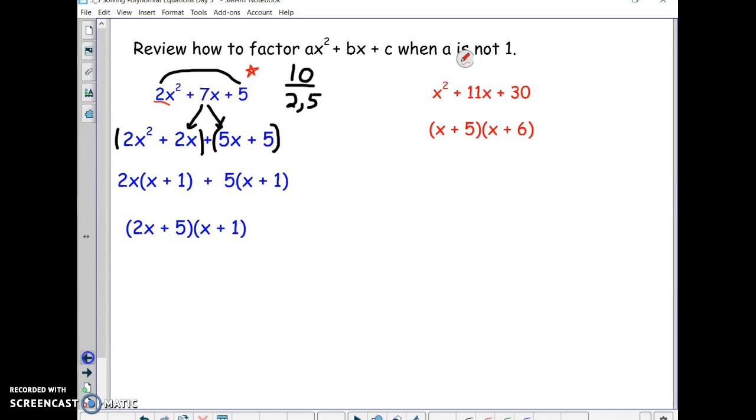In this case, it's positive 2, positive 5. And then once we had it split, we kept these other two parts the same and split the 7. Now we had 4 terms. And when you factor those 4 terms, I pull the GCF out of the front 2, in this case 2x, and the GCF out of the back 2, in this case 5. And then our factors were the parts that were in front, the 2x and the 5 that made one factor, and then the parts that match, x plus 1, that made the other factor. Okay, so that's that long factor.